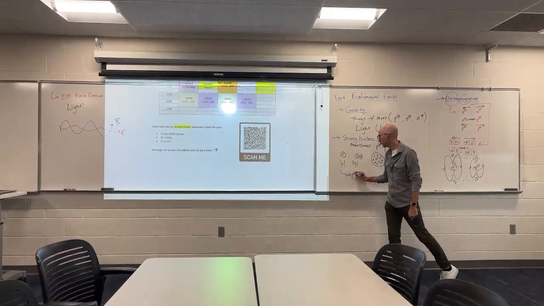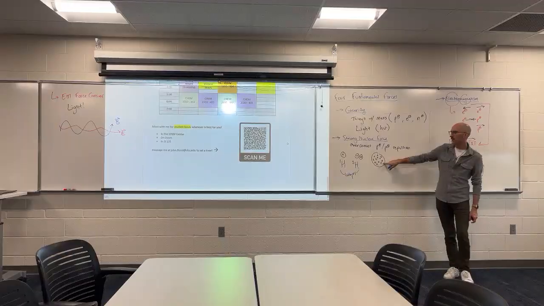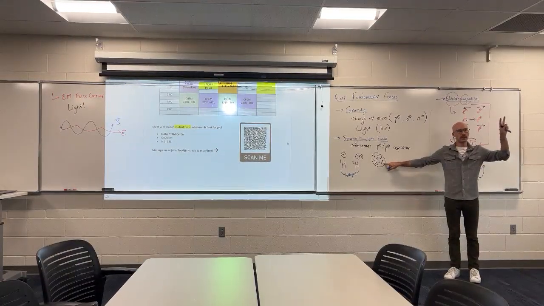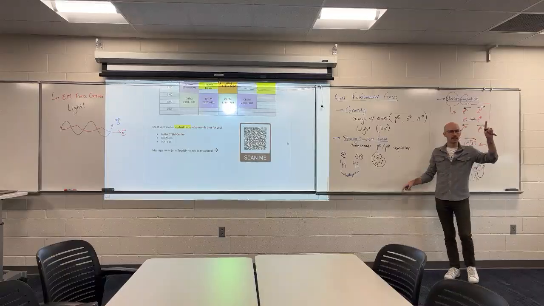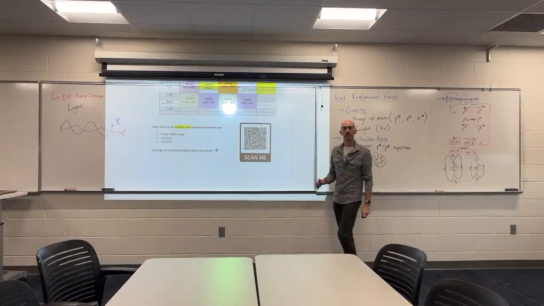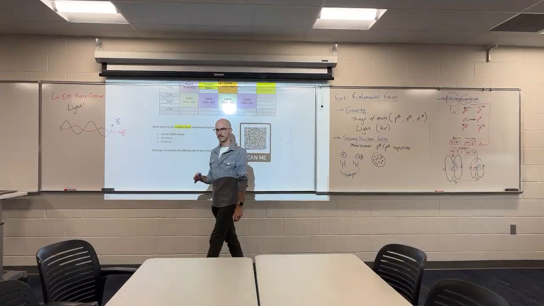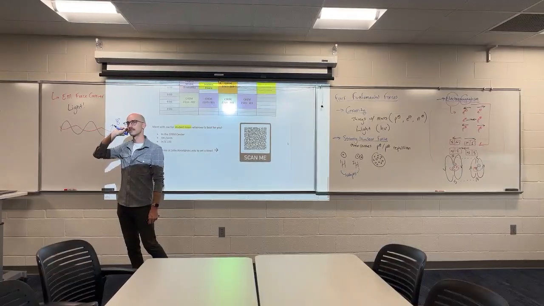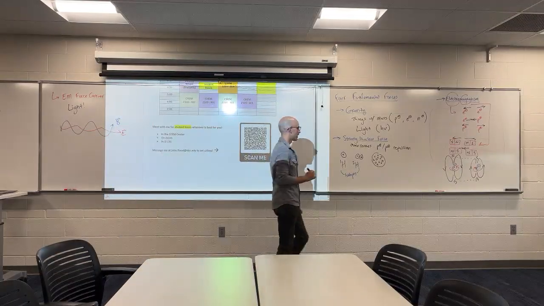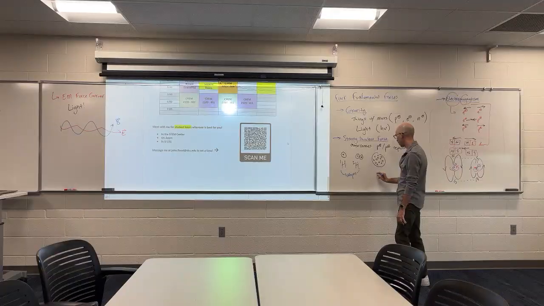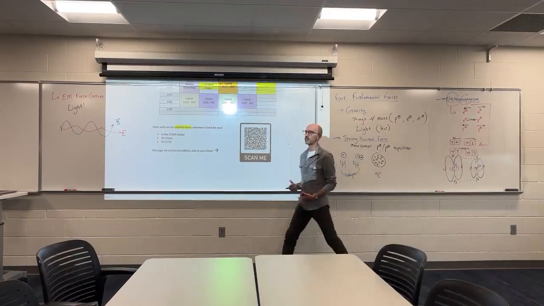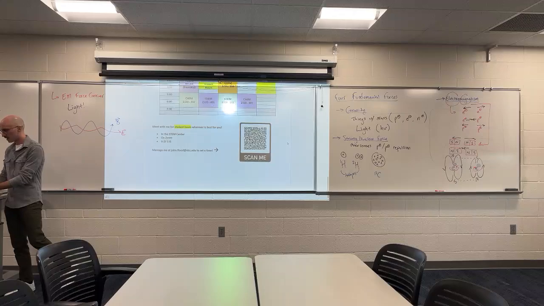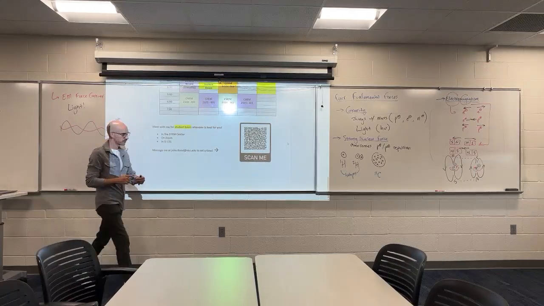So can you tell me what isotope of what element I have here with 6 positive charges, 6 neutral charges, 6 protons, 6 neutrons? Carbon, what isotope? Carbon 12. This is the most abundant isotope of carbon, and carbon is the base element of organic chemistry. So we're going to be dealing a lot with carbon.